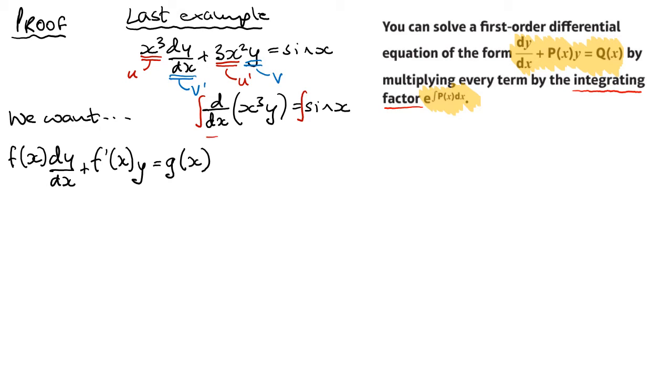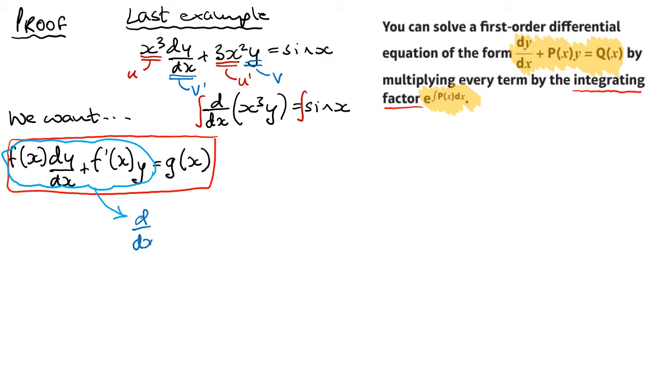So this is what we want to get. And the reason we want that is because then all of that left hand side is the derivative of f of x y.